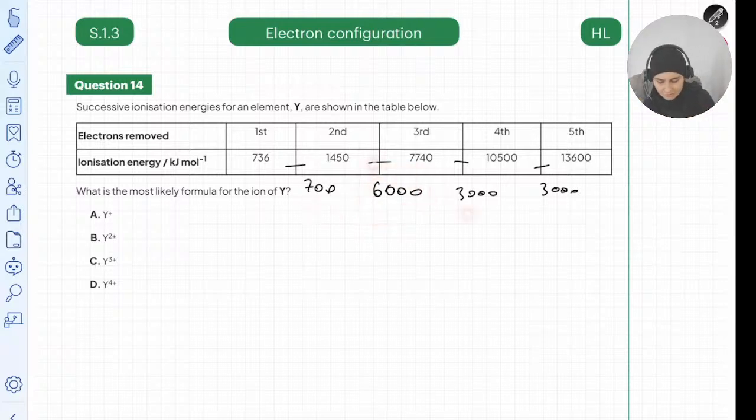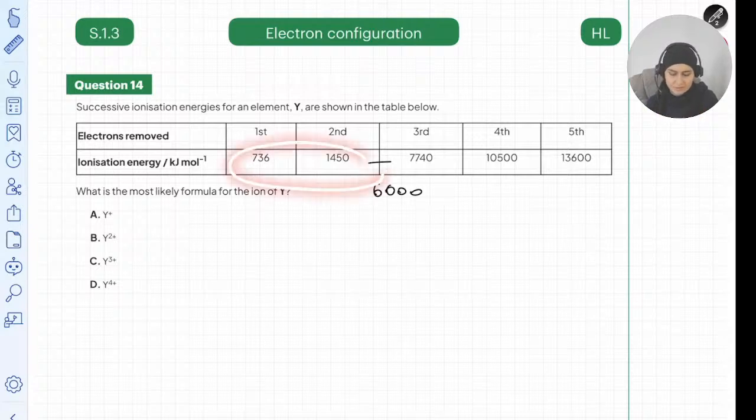So that's your jump. And that means that after you've removed the second electron, you change the shell to closer to the nucleus. So it means that element Y has 2 electrons in the outer shell, which means that the charge would be 2 plus. So B. Good. Next.